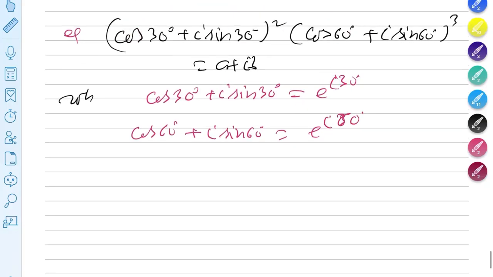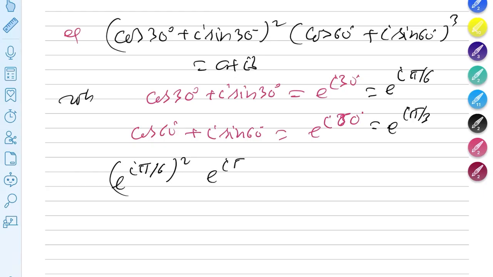Essentially, substituting these values, I can write e to the power i pi by 6 and e to the power i pi by 3. So (e to the power i pi by 6) squared into (e to the power i pi by 3) cubed.